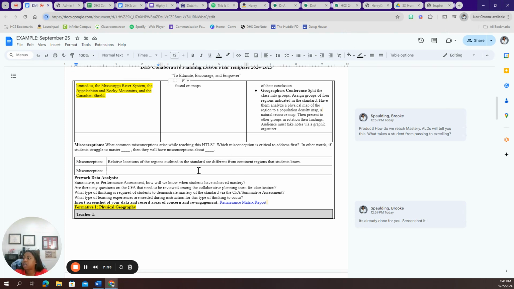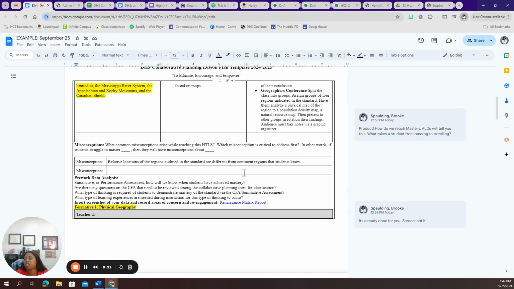For instance, here I have that the relative location of regions outlined in the standard is different from the continent regions that students know. We might assume that the Middle East is one thing, but if we're splitting it down by the regions of the standard, it is actually going to be categorized as a different region.